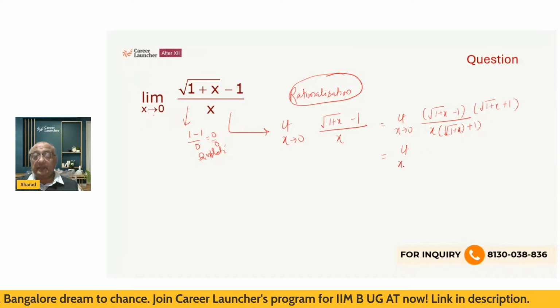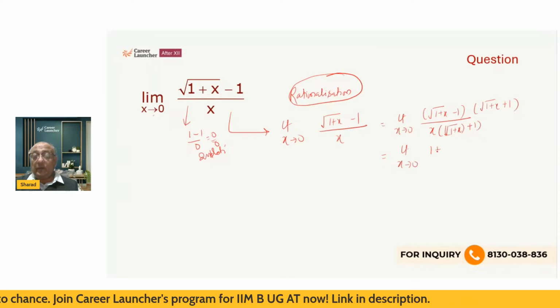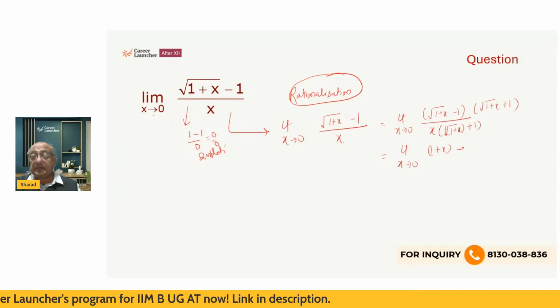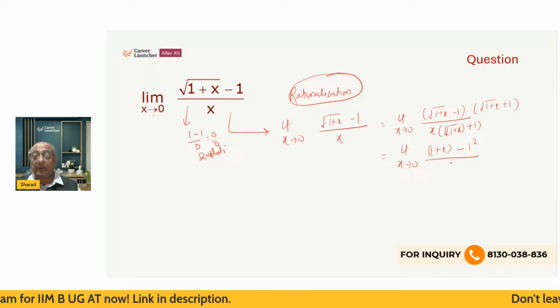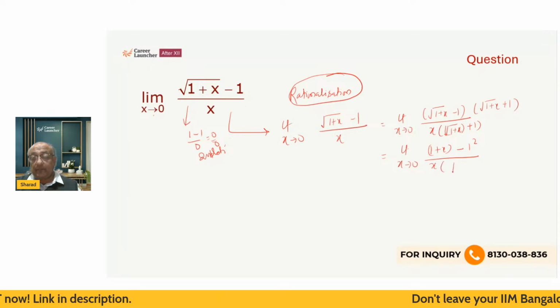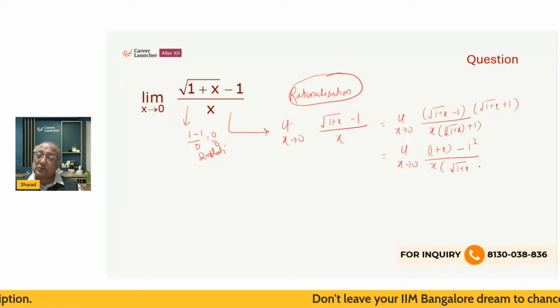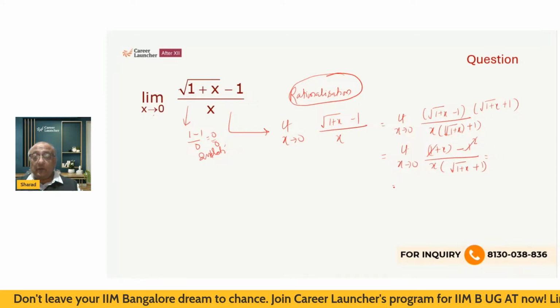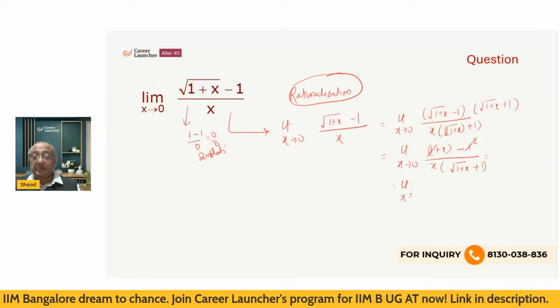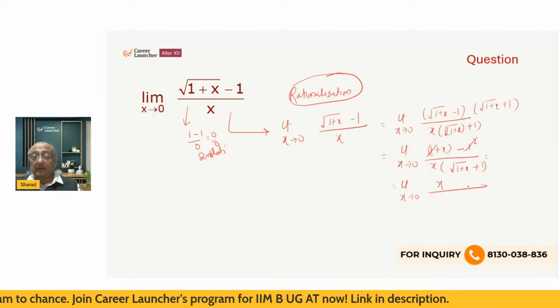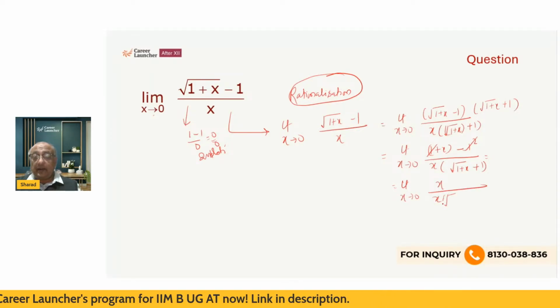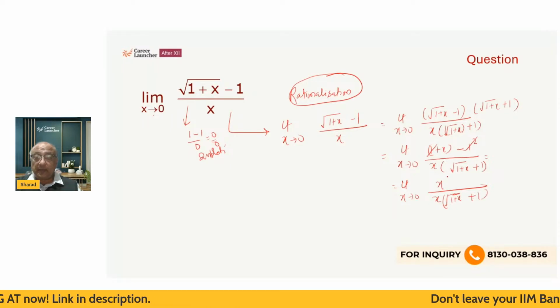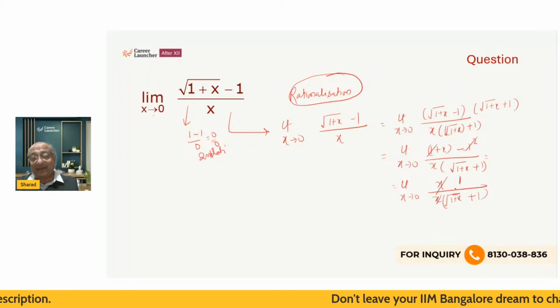This will be limit x tends to 0, 1 plus x, because the square has become, minus 1 square, upon x into (root 1 plus x plus 1). It's so simple. So this 1 and 1 will get cancelled out. What we will have here is limit x tends to 0, x upon x into (root 1 plus x plus 1). Simple now. One of the 0s has vanished.